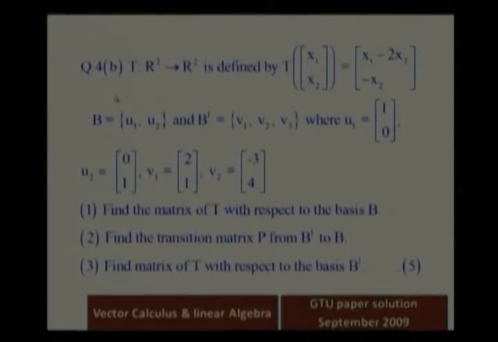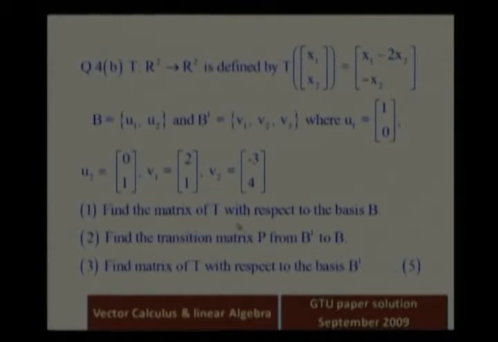Question 4b. This question was also asked for 5 marks. T from R2 to R2 is defined by T(x1, x2) = (x1 - 2x2, -x2). B is {u1, u2}, B dash is {v1, v2}, where u1 is (1, 0), u2 is (0, 1), v1 is (2, 1), v2 is (-3, 4).